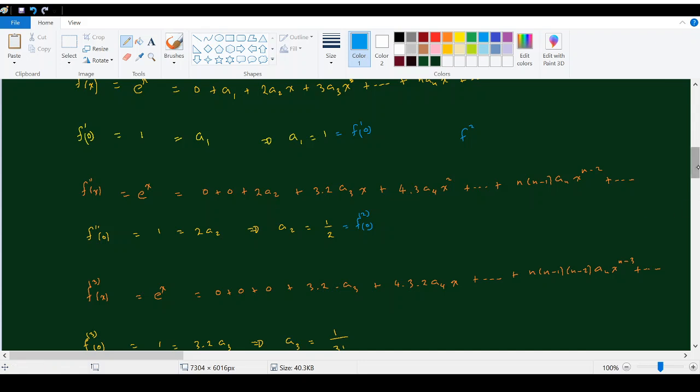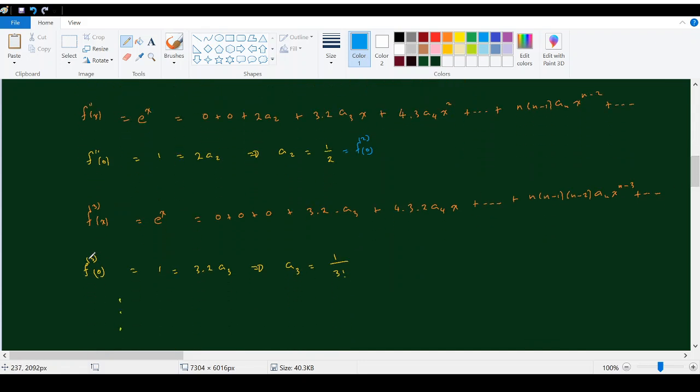Now here you can write it as f3, right? So this one is f to the power 3 evaluated at 0 divided by 3 factorial, right? Now the actual answer is 6, but I wrote it as 3 factorial, right?